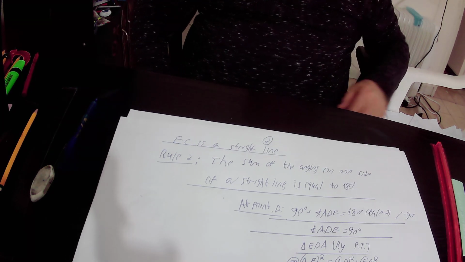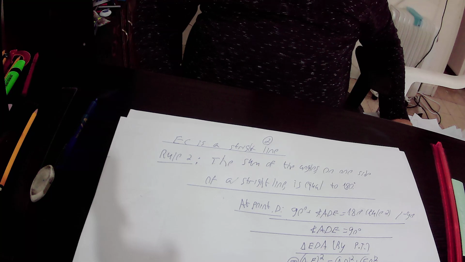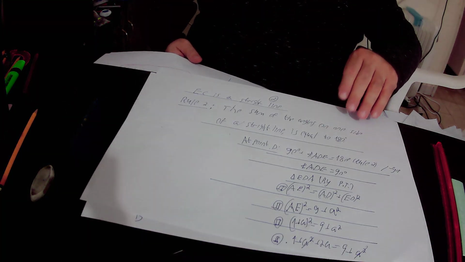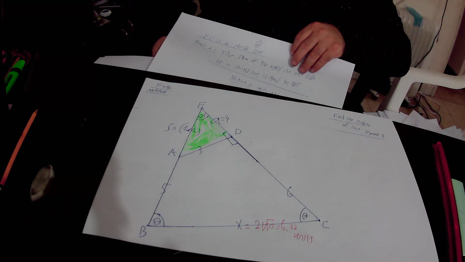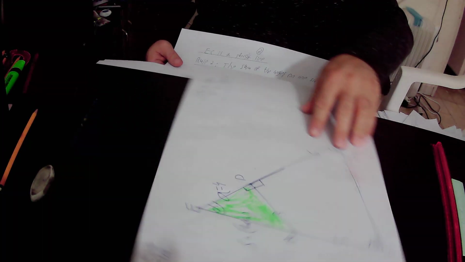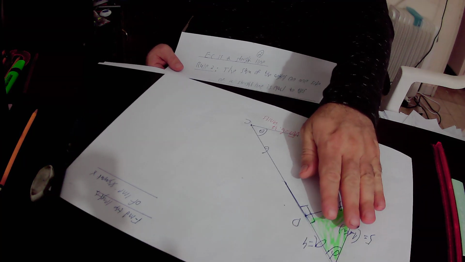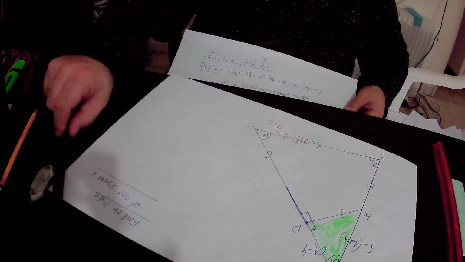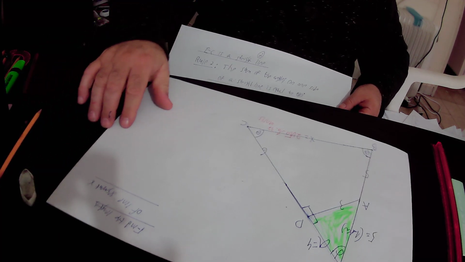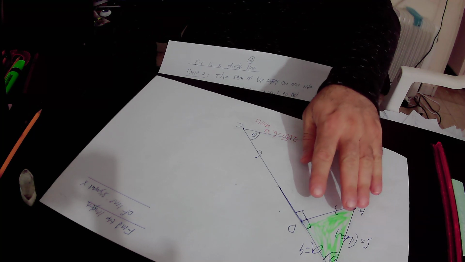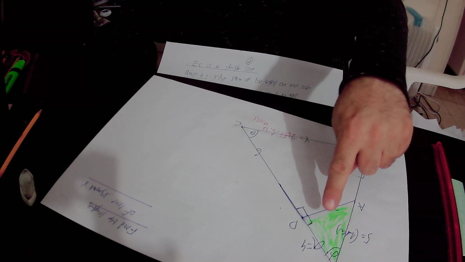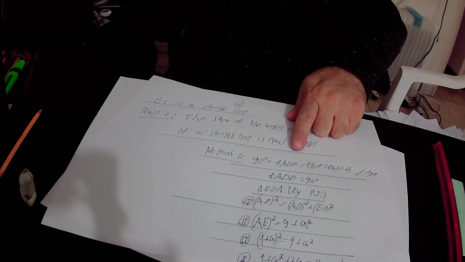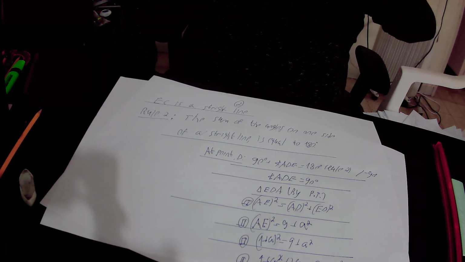So if we focus on this side of the straight line EC at point D, then the sum of the angles must be equal to 180 degrees. Which angles do we have on this side of EC at point D? We have here 90 degrees and then angle EDA. That is to say, 90 degrees plus angle ADE must be equal to 180 degrees according to rule number 2.